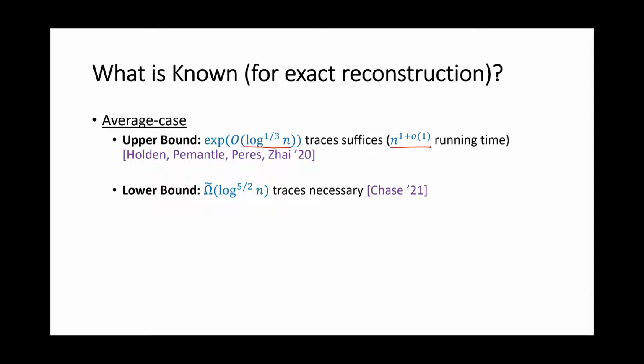On the other hand, it is known that to reconstruct it exactly, we need at least log to the 5/2 n traces. Now you can see that there is a huge gap between the upper and lower bound.